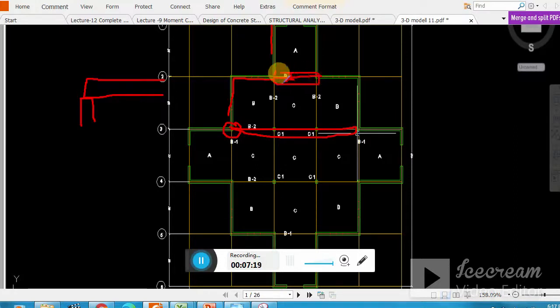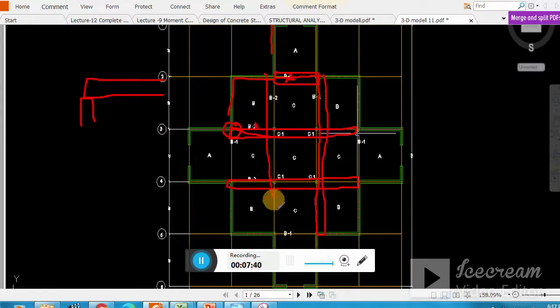Okay, so this is my simply supported beam, this is B2, and this beam which is provided here is actually B1. Here we have 4 beams, remember, one here in this way and one here this way, and one here.